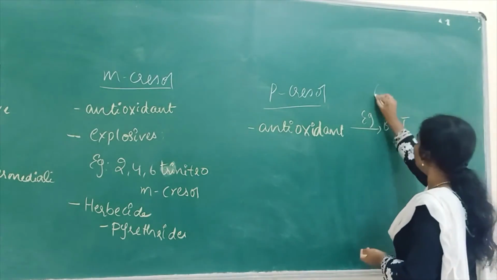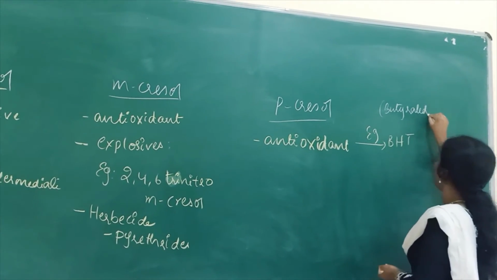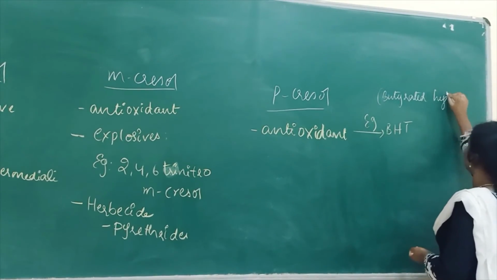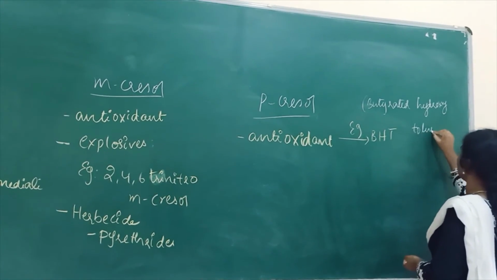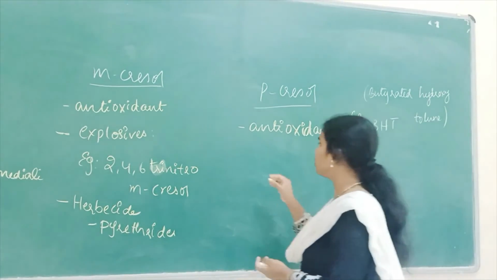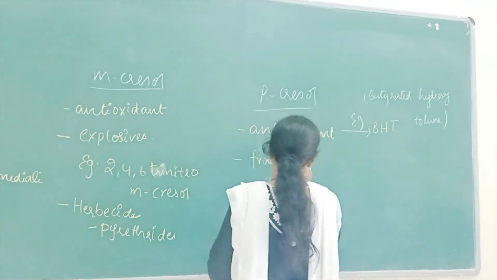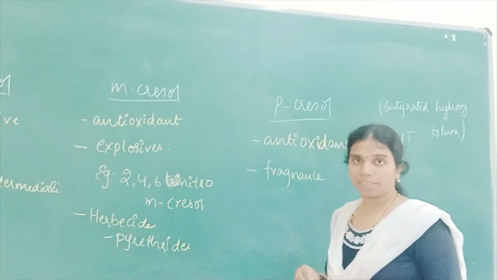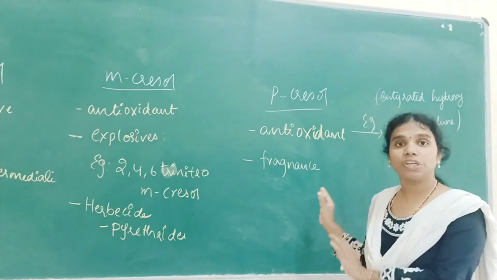BHT is nothing but butylated hydroxytoluene. Other than this, paracresol is also used to produce fragrances. So these are the general uses.